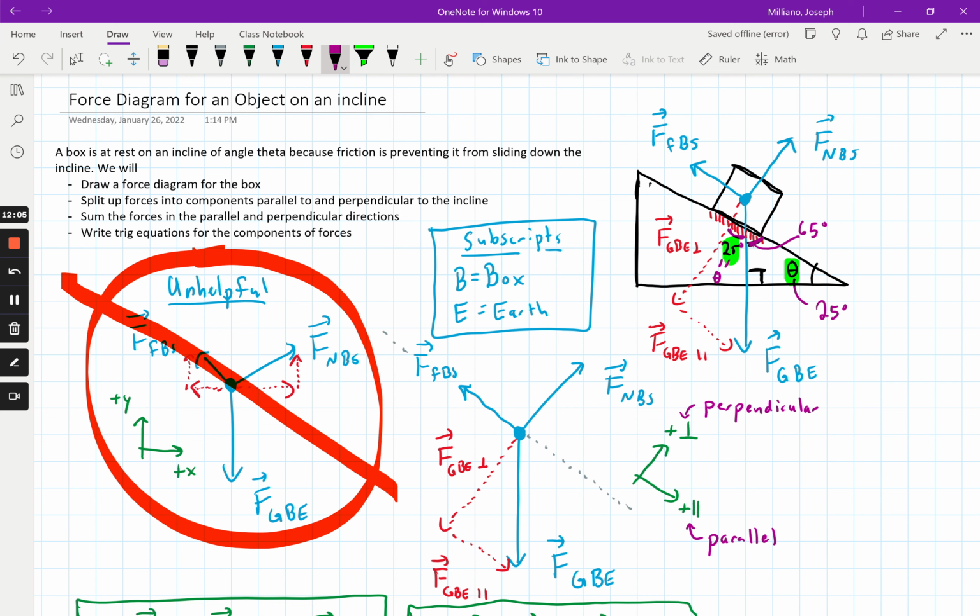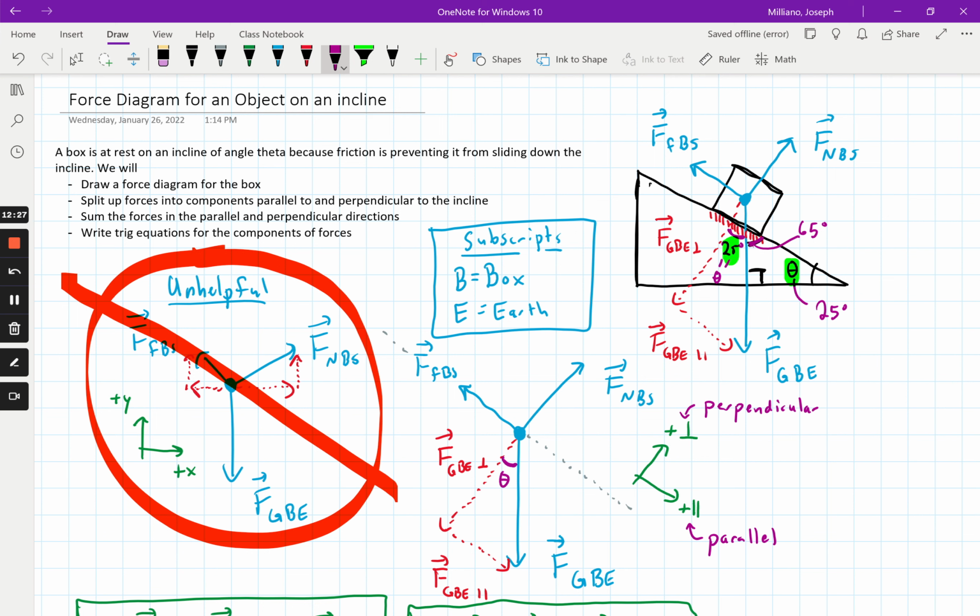If we go back to our force diagram picture down here now, we can see that the angle that's labeled 25 degrees in the picture corresponds to this angle right here that the gravitational force makes with its perpendicular component. And so the angle theta is the angle that the gravitational force makes with its perpendicular component.